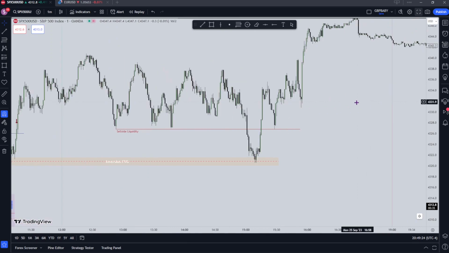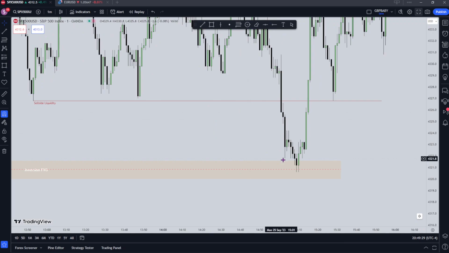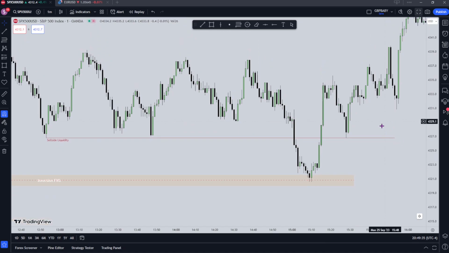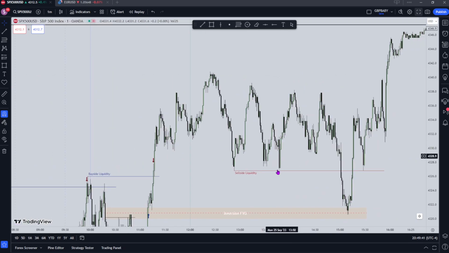Lots of consolidation here. Sorry, I was just having a little look. And then we come down, then we reverse, we come back down, touch the top of that sell side, and eventually expand away.